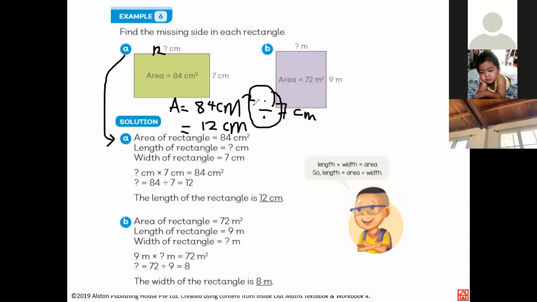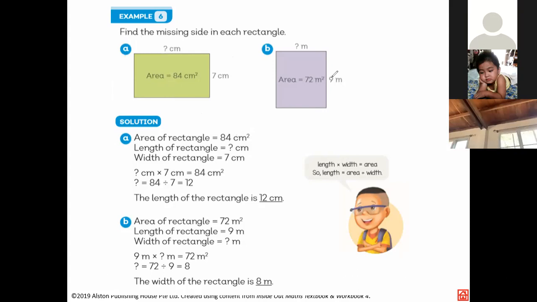You just have to divide the area by the width. Okay, I have another example. Let's say the square's area is 50 centimeters squared. Okay, hold on.